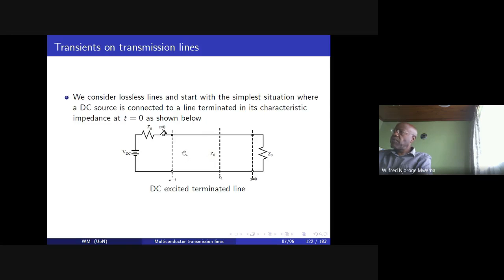Of course, since it's lossless, we can always say that the phase propagation constant is going to be beta, okay? Beta and Z0. Now, we want to see the line voltage at a position from the load. That is, we measure z1 up to that point, and we look at what the line voltage and line current will be at that particular position.